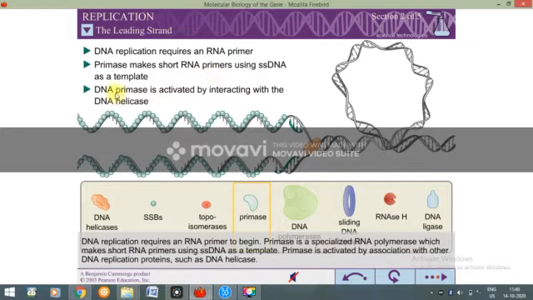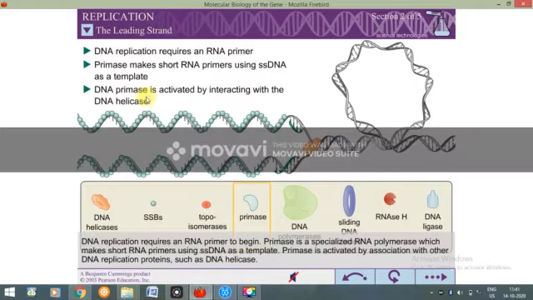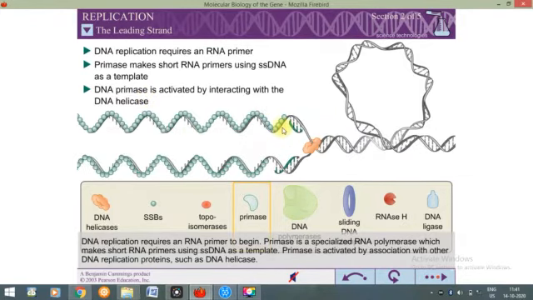The next thing is DNA primase is activated by interacting with the DNA helicase. This means that if there is no helicase in the system or in the cell, then your DNA primase will be inactive. Until and unless you have some DNA helicase, only then this process will continue. Otherwise this process will not take place, and DNA primase will not be activated.